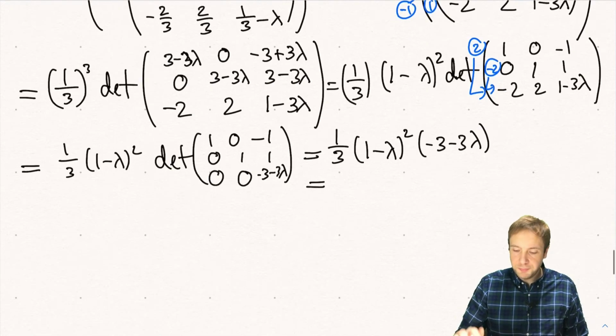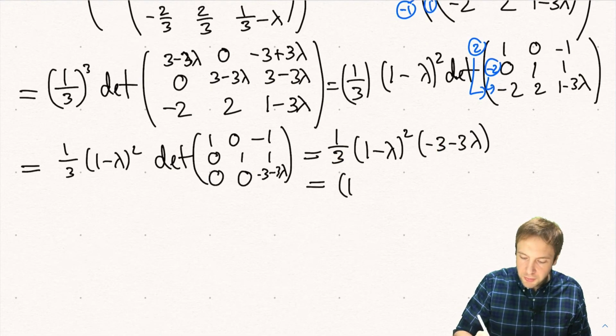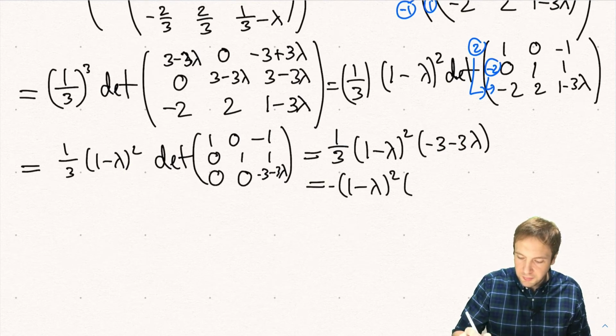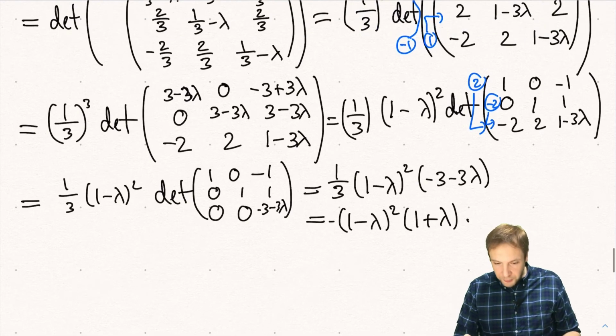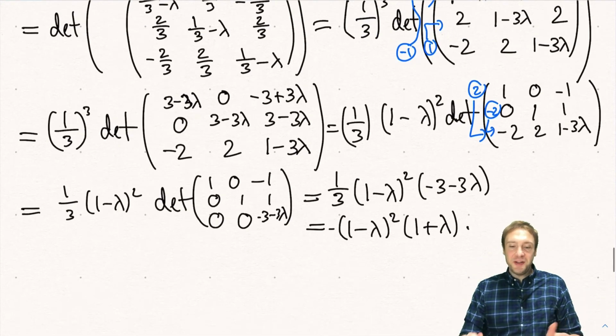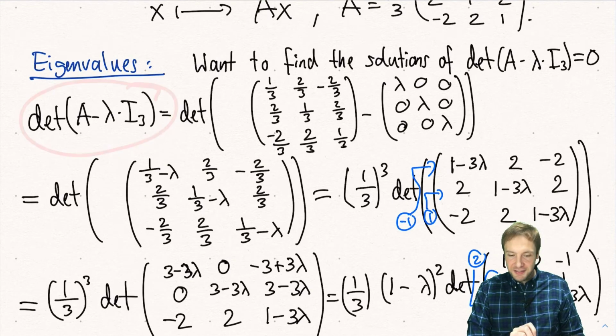So in other words, I can cancel out this 3 here. So this is 1 minus lambda squared. And here if I rewrite this, this is 1 plus lambda. And I put this minus sign here in front. So this is the determinant of this matrix here.